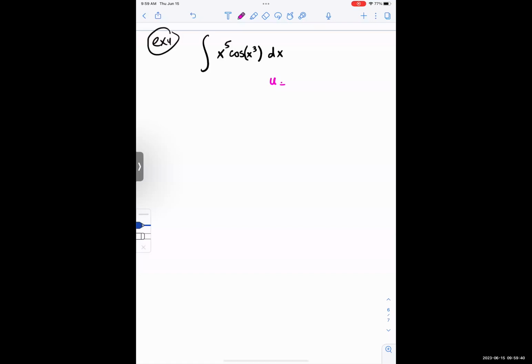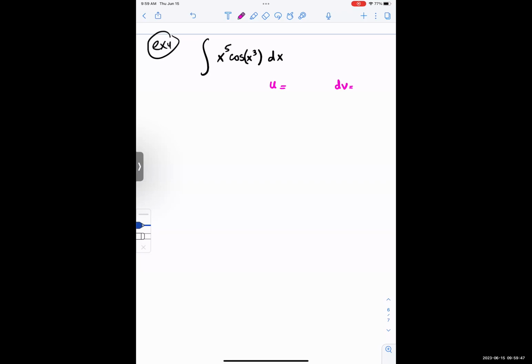So u dv. In this case, I would ask myself, if I let just cosine of x cubed... So you remember I said whenever you have power functions involved compared with sine, cosine, e, you would let the power function be u.